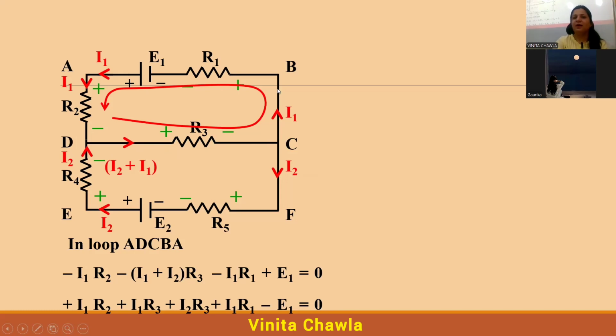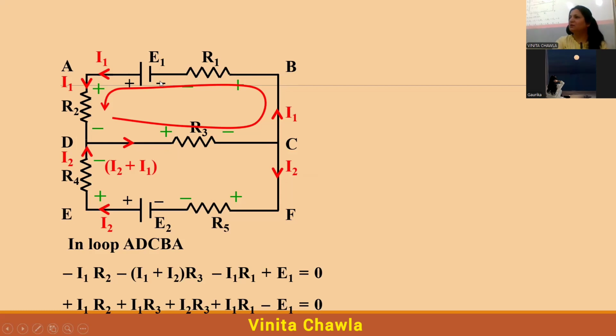Again, in this wire, when we go from C to B to A towards A, in this resistor again the same current I1 is flowing, है ना? And the resistor is R1, so we'll write I1 R1. Okay, so we are moving away from positive and entering into negative.